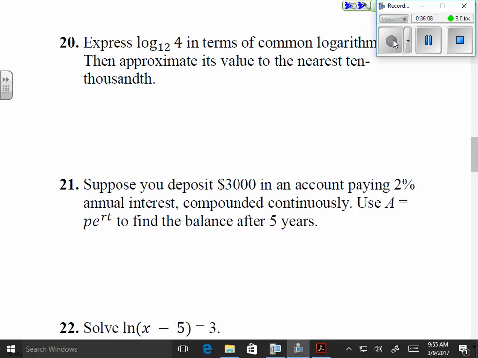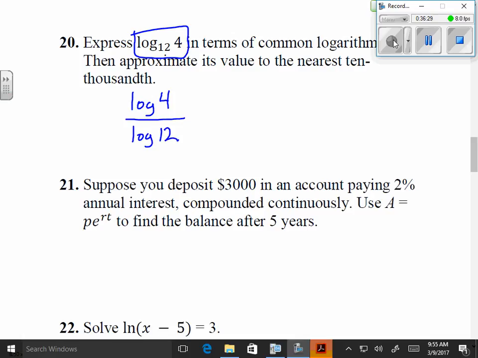Number 20 wants us to express log base 12 of 4 in common logs and then approximate to the nearest 10,000th. So the change of base formula would be, write this as log of 4 divided by log of 12.